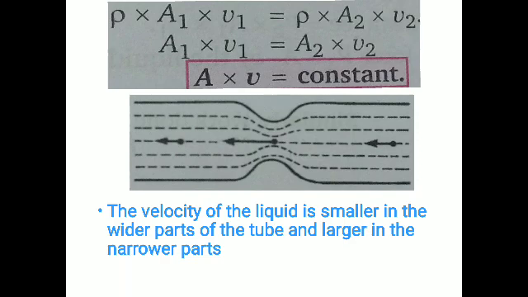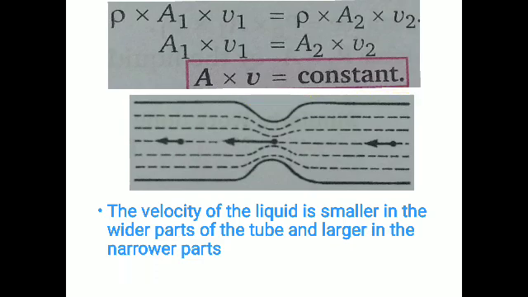Now from here, density gets cancelled because it's the same liquid which is flowing, so density is the same. So from here, what we can see is A1 V1 is equal to A2 V2. So at each and every point, the product of area and velocity is constant.